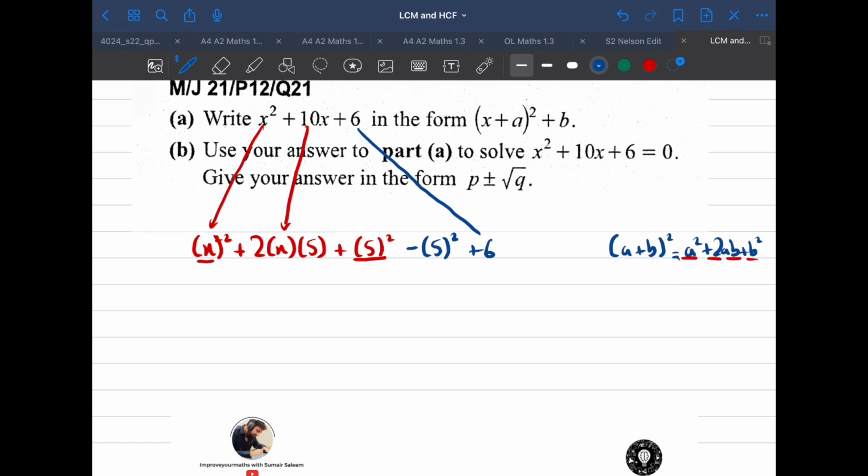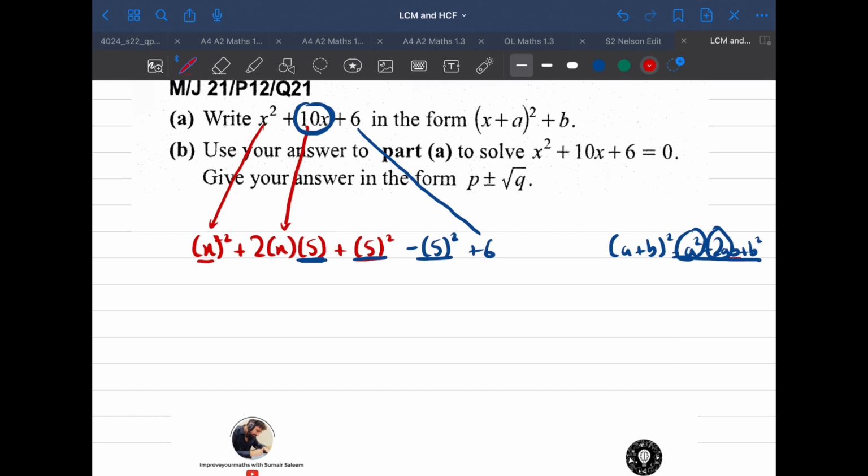We need to express it in an identity. You figured out a, then 2a, and automatically how did b get known? 10x. So what will your b be? 10 divided by 2 is always 5. There is also a direct method to find b: whatever is written with x, divide it by 2, plus b square, and then minus b square because it was not part of the equation, and then plus 6.